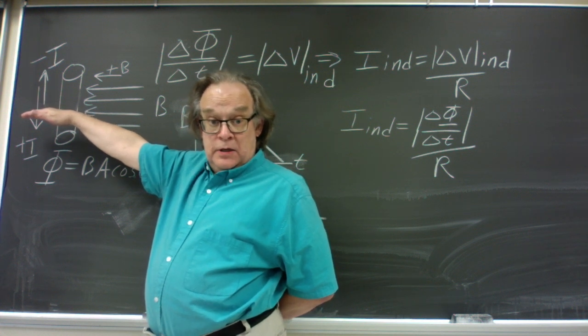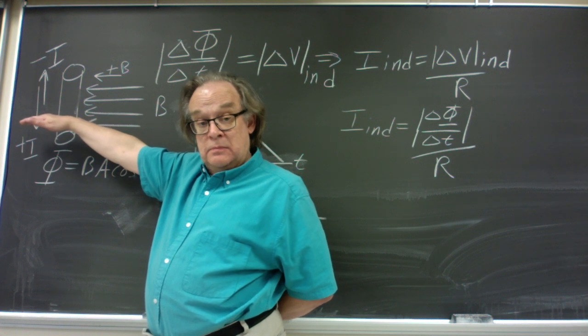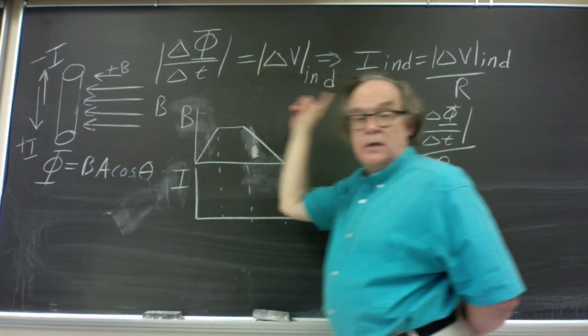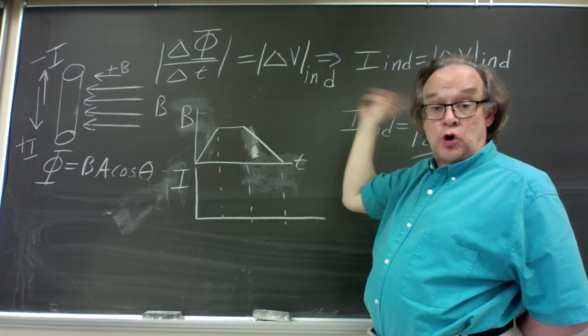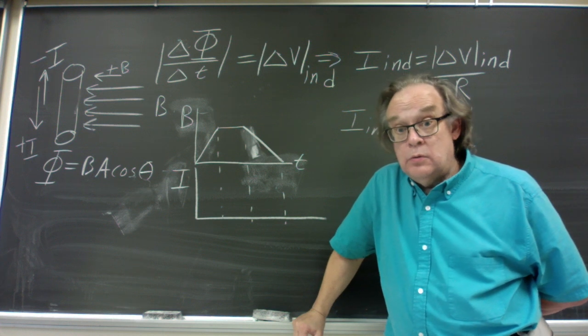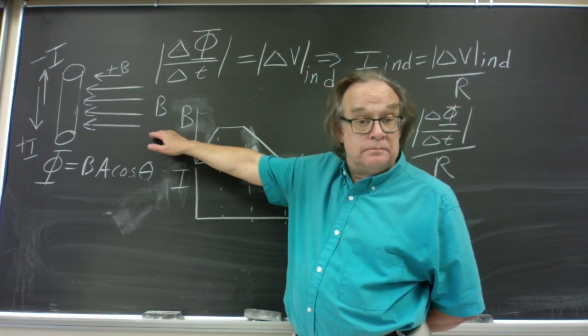So the induction, one aspect of induction is Lenz's law. Remember that the induced field, or the induced current, like any current, produces a brand new magnetic field, different from this one.